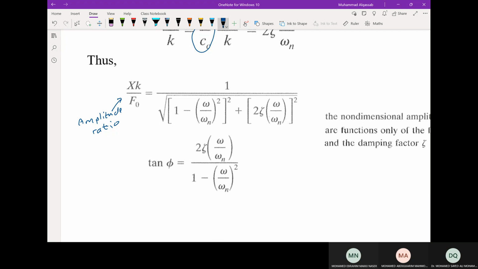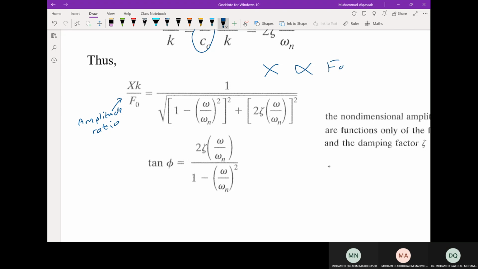Regarding F naught, X is directly proportional with F naught. As you increase F naught, you increase this X. This is direct proportion.